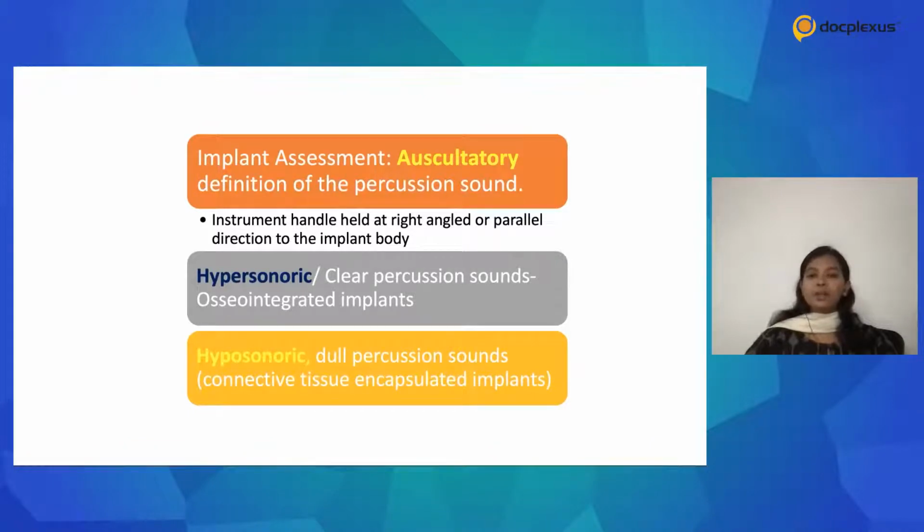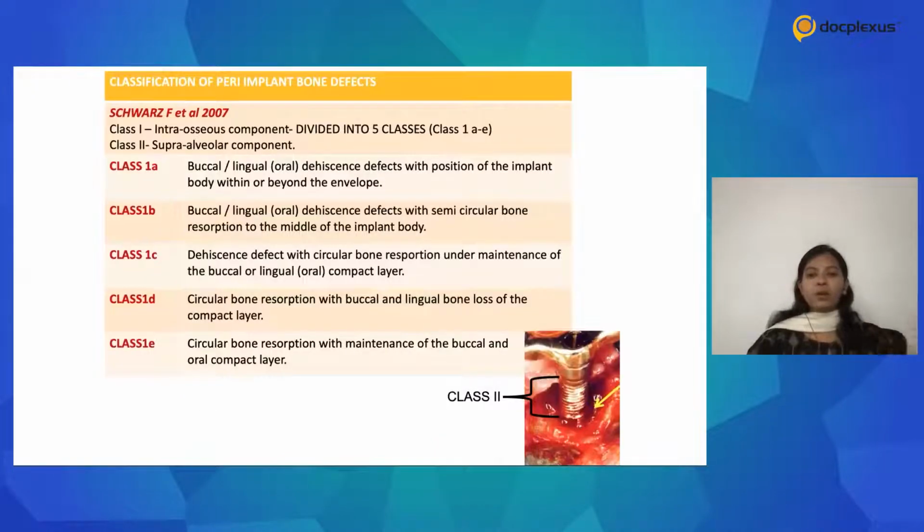But if there is a dull sound, that is a hyposonoric sound, then the implant doesn't look good because the connective tissue is formed more rather than bone. So this will help us to find out whether there is a good amount of bone around the implant rather than connective tissue. So auscultation is another method to find out the implant success or survival.